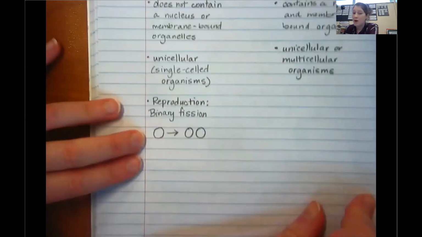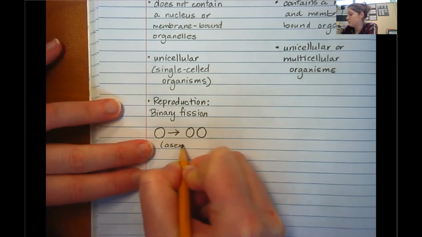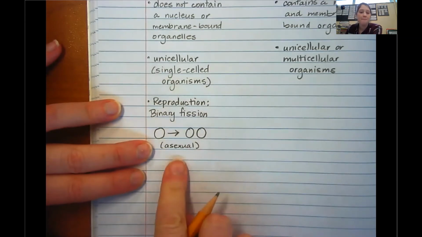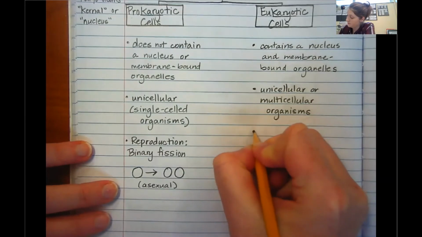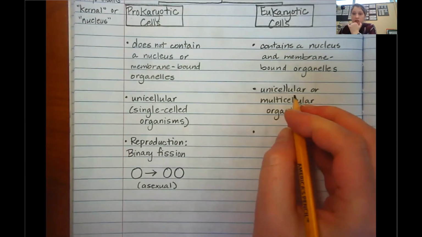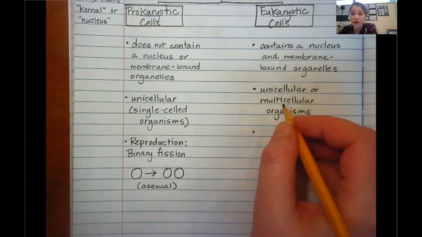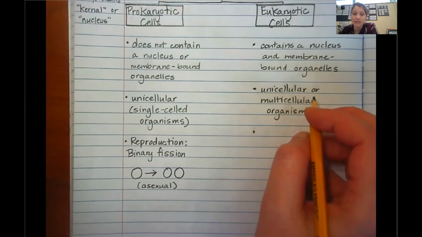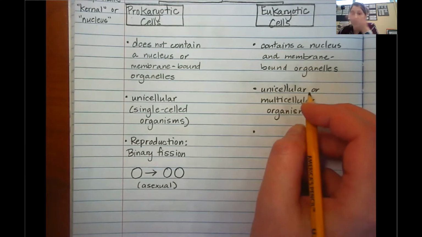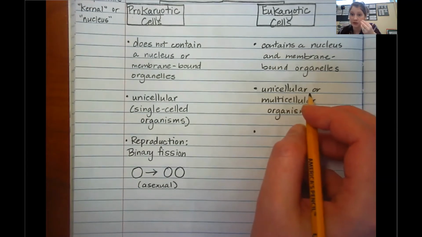This is called asexual reproduction. On the contrary, eukaryotic cells can do either. You're multicellular, which means at a cellular level, the cells that make up your body are splitting through binary fission, the same way one cell becomes two. Now, as an organism, we don't reproduce the same way.